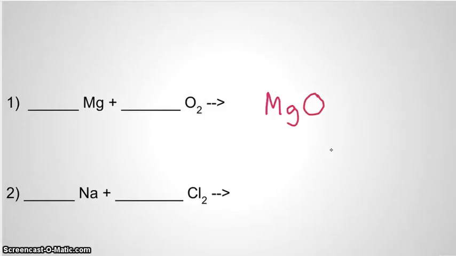We know that if we were to put these two together, just like we would do before, the metal always comes before the non-metal. We would look on our periodic table and find that magnesium has a charge of +2 and oxygen has a charge of -2. If we crisscross our charges, we would end up with Mg2O2.